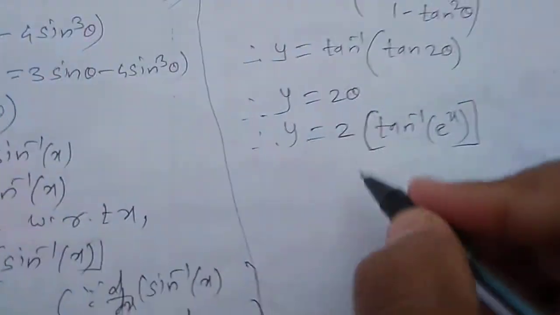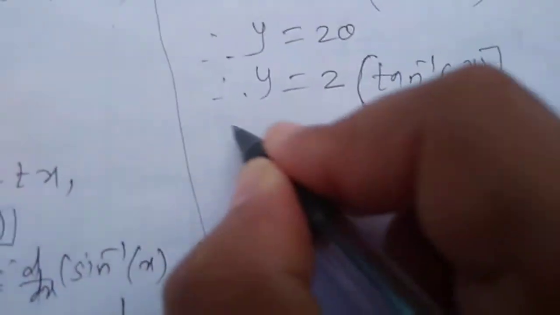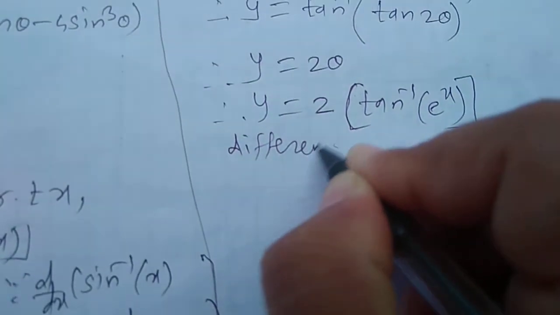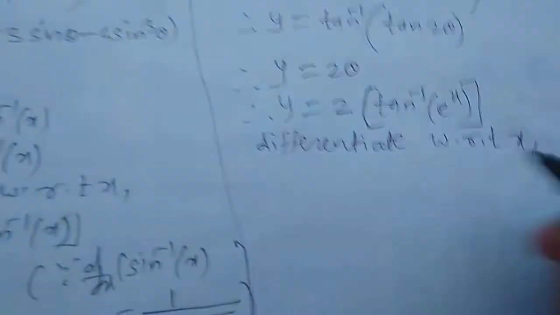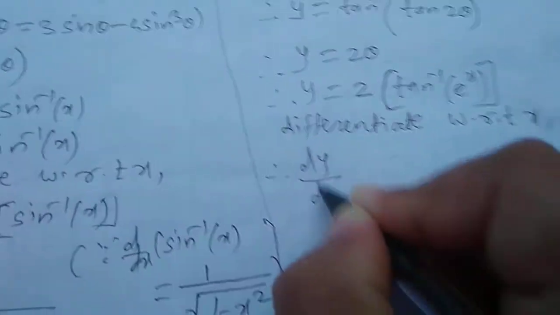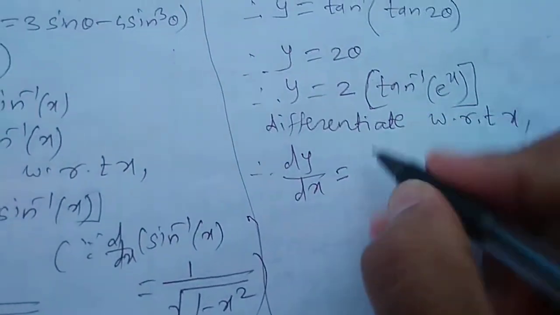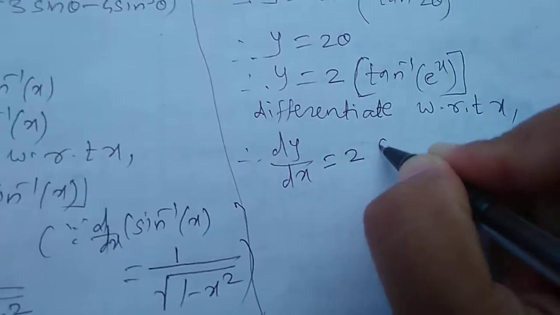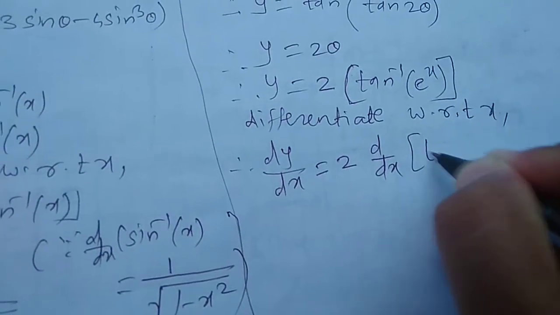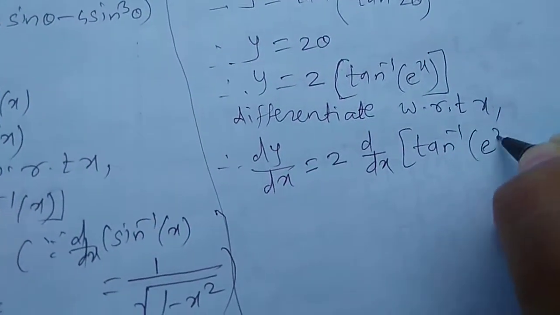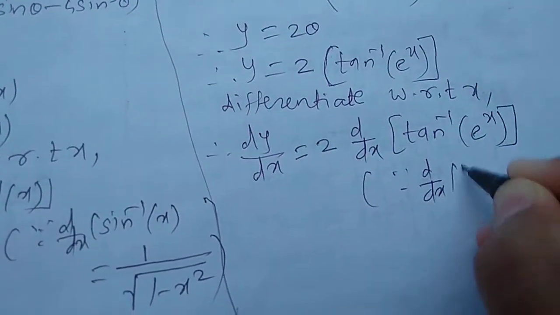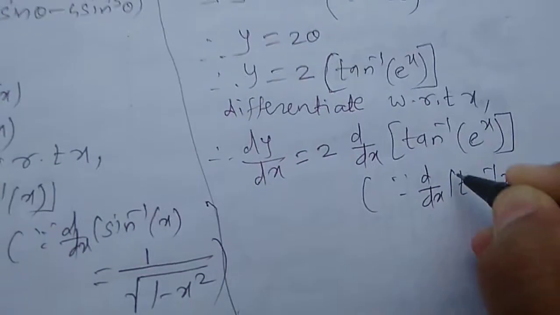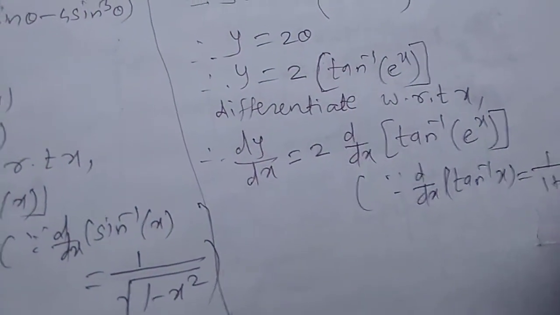Now y is a function in variable x, therefore differentiate y with respect to x. Therefore dy by dx is equal to 2 is a constant, therefore 2 d by dx of tan inverse of e raised to x. But we have formula d by dx of tan inverse of x, that is 1 upon 1 plus x square.